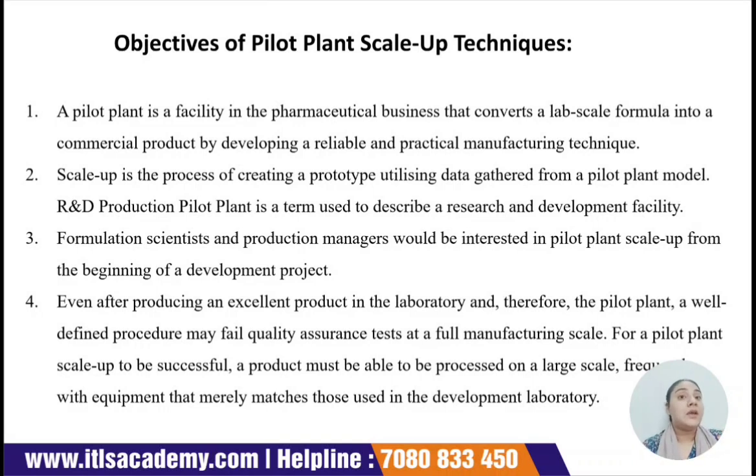Means even after producing an excellent product, you have done the production in a very excellent manner and the outcome is an excellent product in the laboratory, but sometimes the procedure may fail when it passes through the quality assurance test.